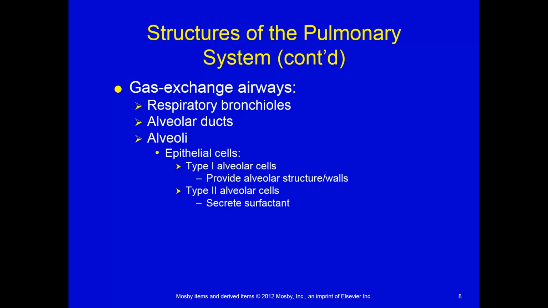Now, all three of these structures, the respiratory bronchioles, the alveolar ducts, the alveoli themselves, participate in gas exchange. Anyone know why they're so good at and predisposed for adequate gas exchange? I'm sorry?